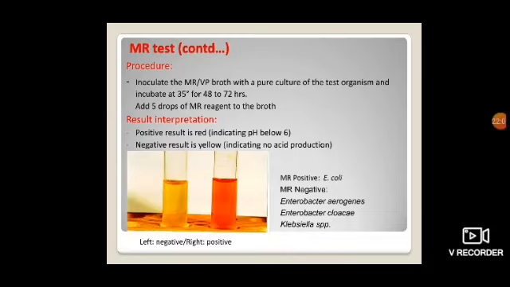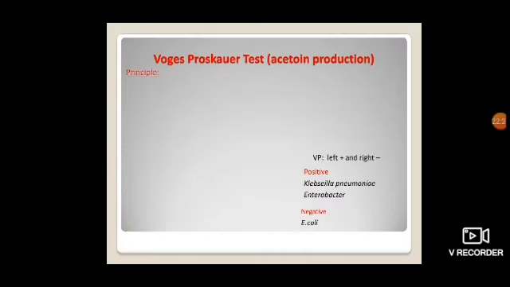The example we already observed in the PPT: E. coli shows the positive coloration, and Enterobacter species show the negative coloration in the methyl red test.